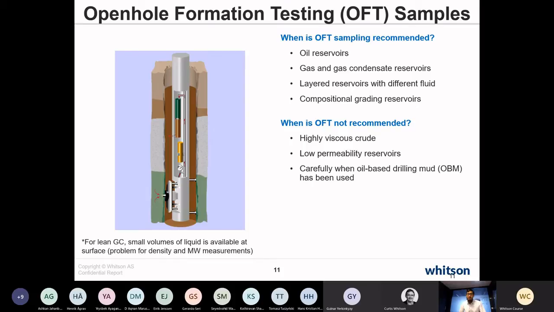But certainly if the permeability levels are very low, for example, in unconventionals, it's almost impossible to do the open hole formation testing. And then we should be careful about the oil-based mud, because we can have contamination, and then the samples may not be reservoir representative in that case.